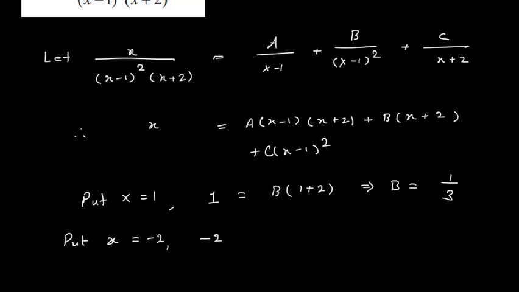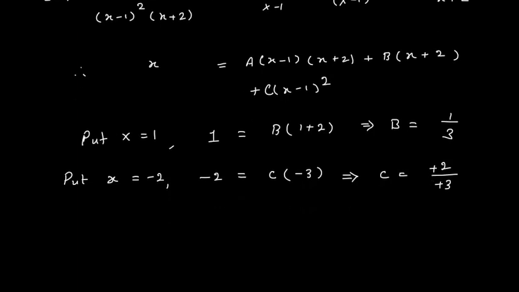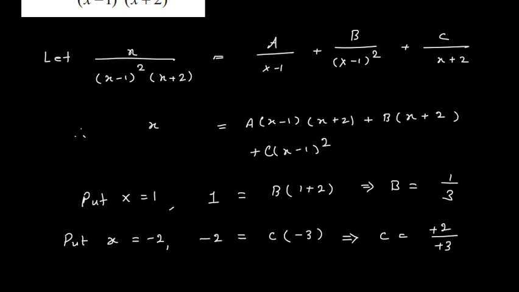Now when we put x is equals to minus 2, we get minus 2 is equals to, and this term will become 0, this term will become 0, and here we have c into (minus 2 minus 1). So minus 2 minus 1 is what? Minus 3. So from here you will get the value of c, which is minus 2 divided by minus 3. So this minus minus will cancel and you will get 2 divided by 3. So I put x is equals to 1 and got b is equals to 1 by 3, and I put x is equals to minus 2 and got c is equals to 2 divided by 3. So the values of b and c you got.